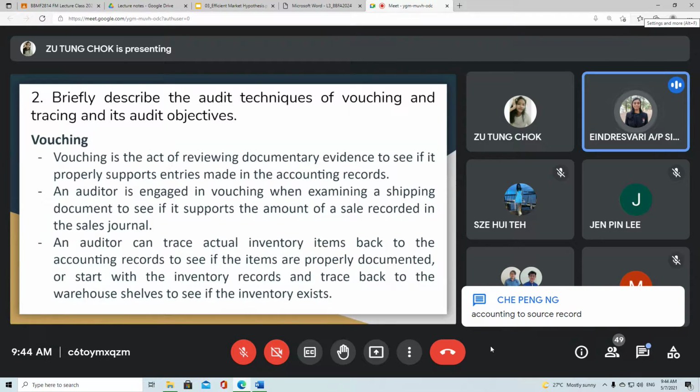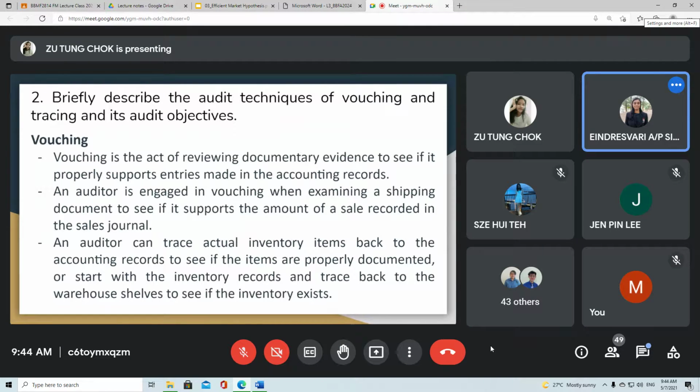Okay, vouching is accounting records to source document. So that means you are first selecting a sample of transactions from the accounting records, then you inspect the source documents. Are you clear? Yes. Okay, continue your number 3.